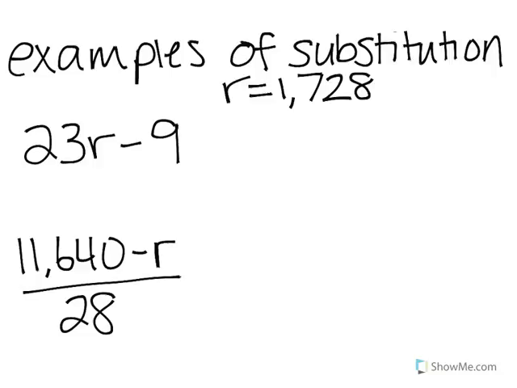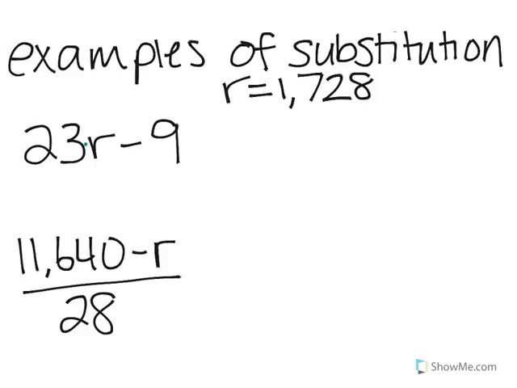Examples of substitution. So you're going to see substitution like this. In this first one, 23r minus 9, that 23 and that r, remember, it's a number next to a variable, which means there's an invisible multiplication sign between the two.